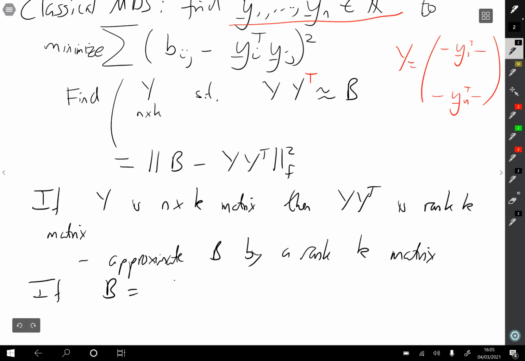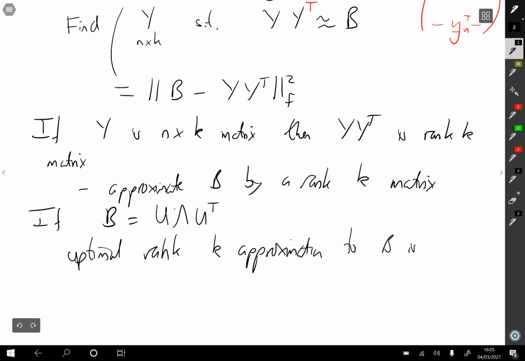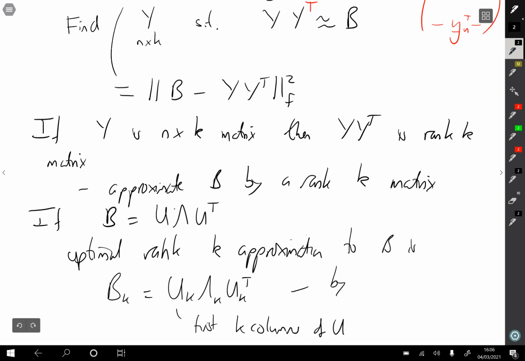If B has spectral decomposition U lambda U transposed, then the optimal rank k approximation to B is Bk, which is Uk lambda k Uk transposed, where Uk is the first k columns of U. This is by the Eckart-Young theorem.